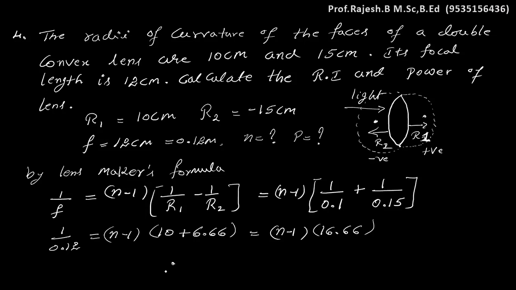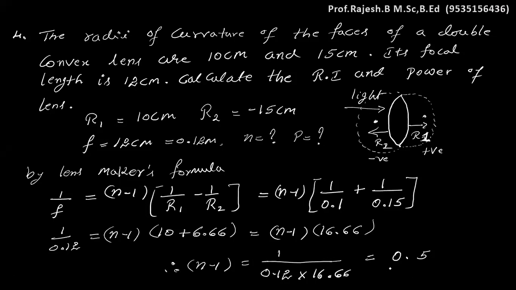Therefore, n minus 1 will become 1 divided by 0.12 into 16.66. Let's solve this one. We are getting the answer 0.5.